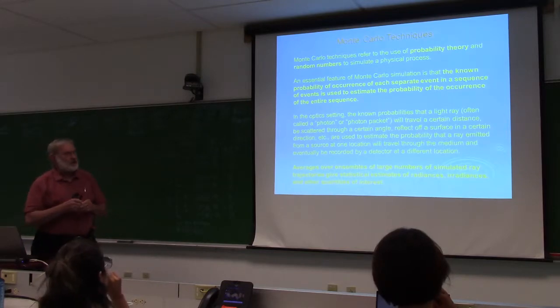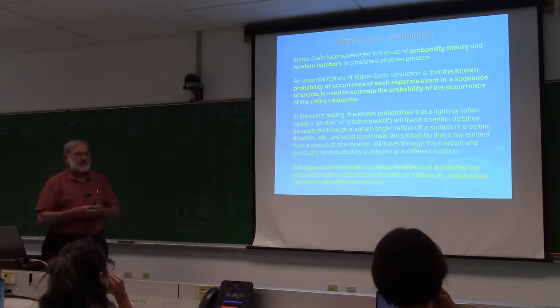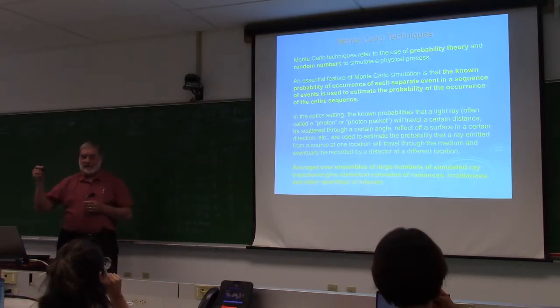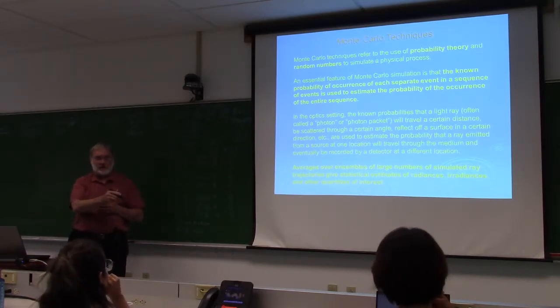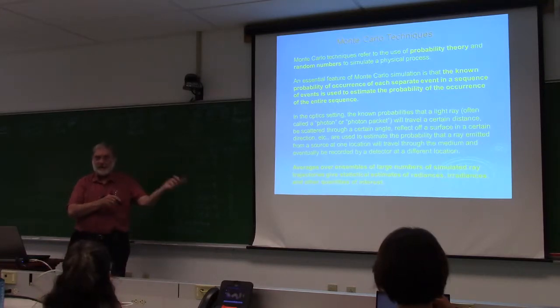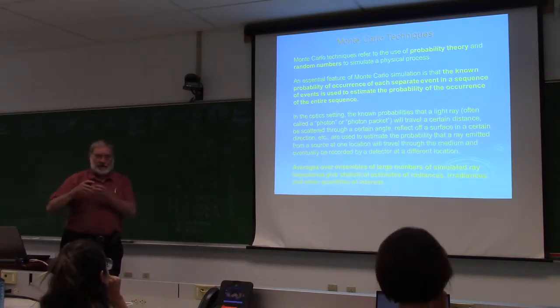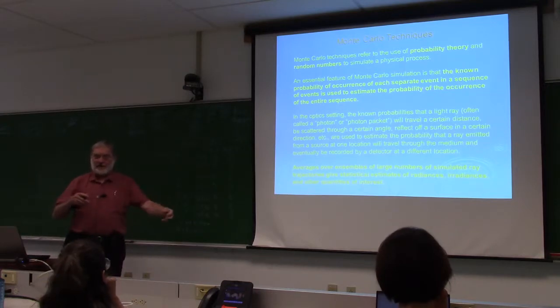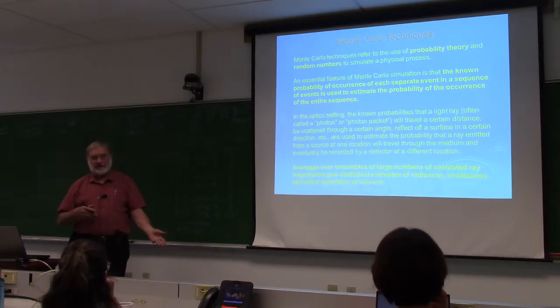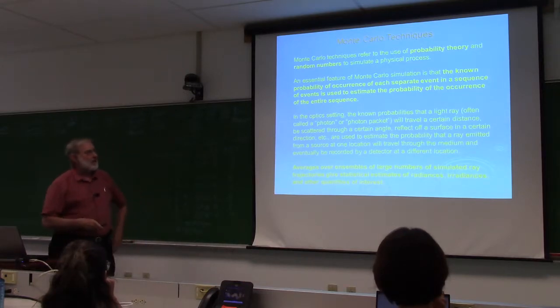So in the case of optics, you've got some probability of how far a photon will go, then it scatters, then there's some probability of what angle it will go off into. If it interacts, there's a chance it'll be absorbed, there's a chance it'll be scattered, and so on. And so it's a big string of random events. How far the photon goes, is it absorbed, is it scattered? If it's scattered, what's the scattering angle, and so forth.